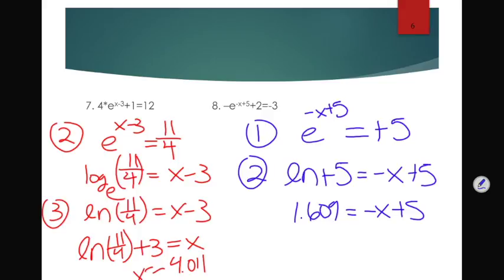Natural log of positive 5 is a weird decimal. Subtract 5 from it. Divide by a negative.